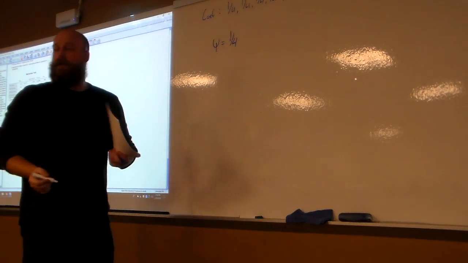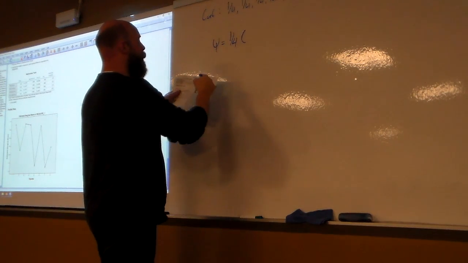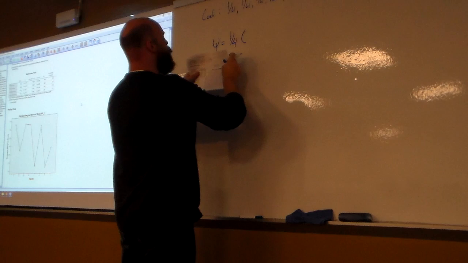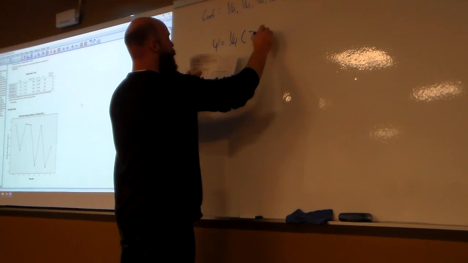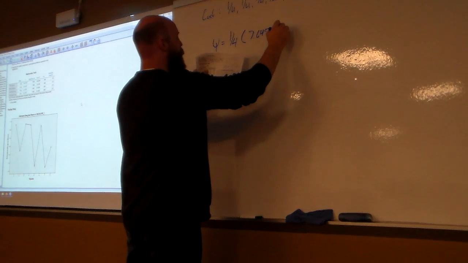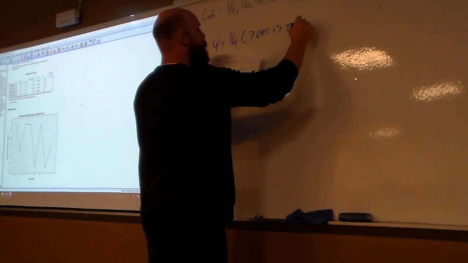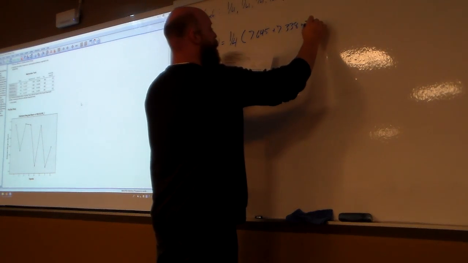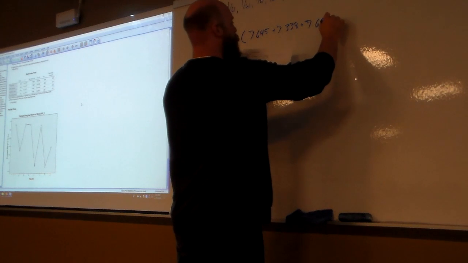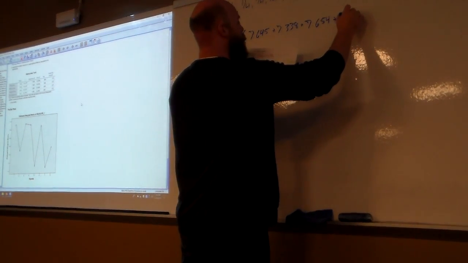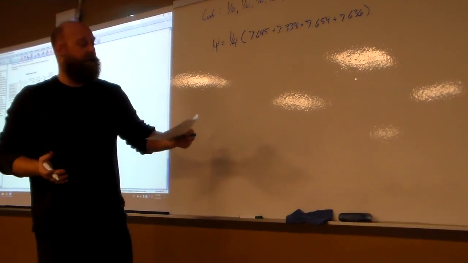I'm just going to write 1/4 times, so this is just my mean scores, 7.645 plus 7.338 plus 7.654 plus 7.636. Those are my trauma people.